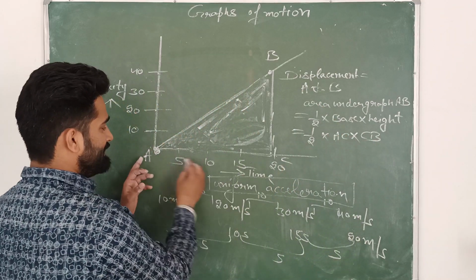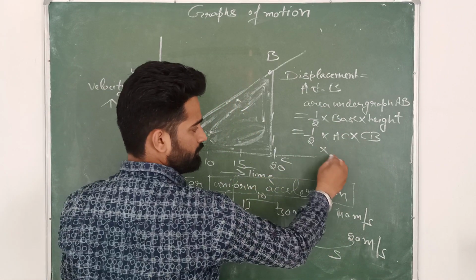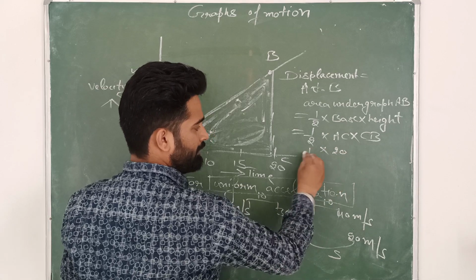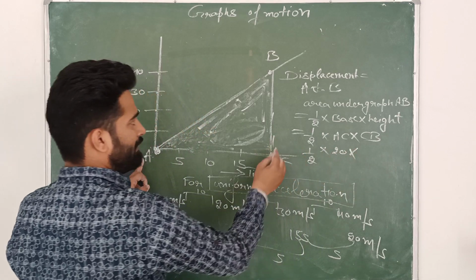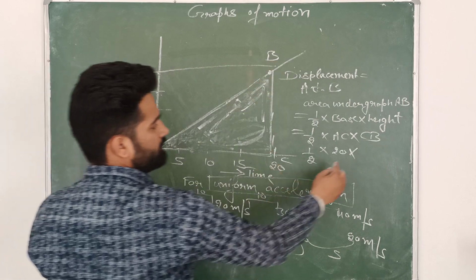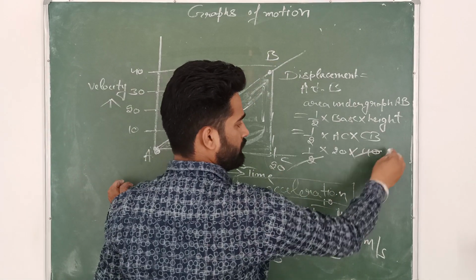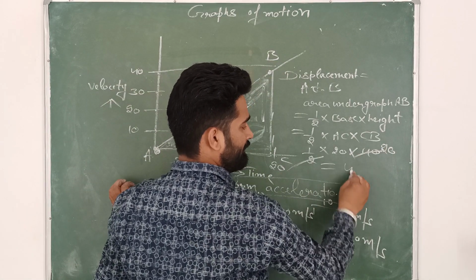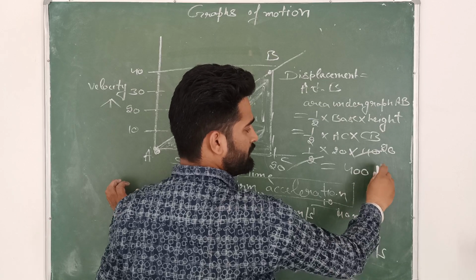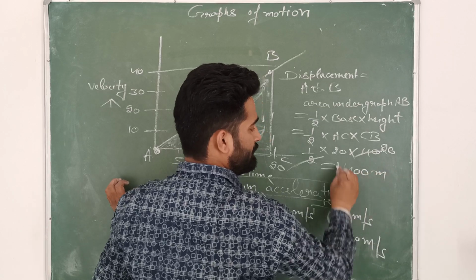Put the value of AC, that is 20: 1/2 into 20, and the value of CB is 40. 2 will cut with the 20. Then the answer is 400 meters.